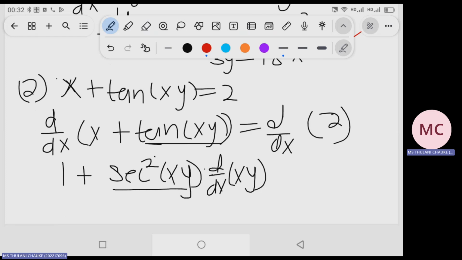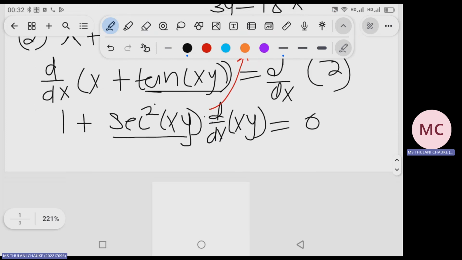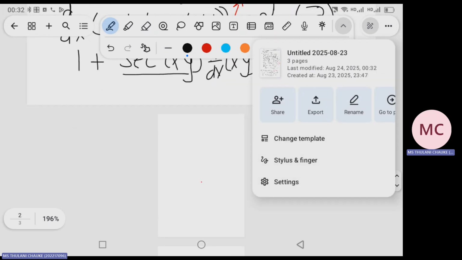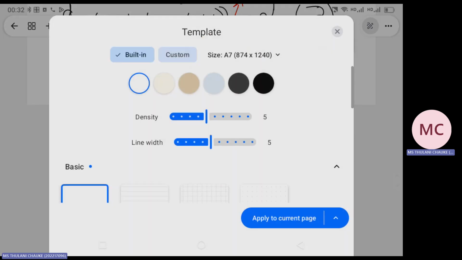So what we are using here is what we call the chain rule. Then from here, what we're going to have on the right will just be 0. Let me just increase this template.